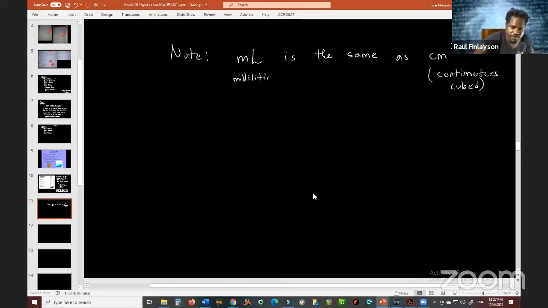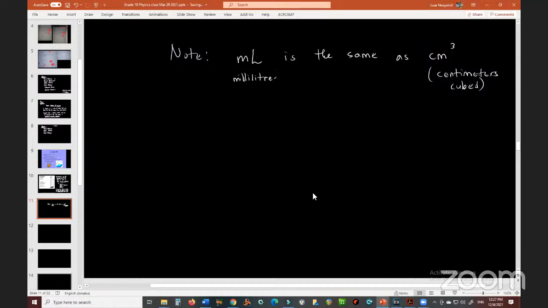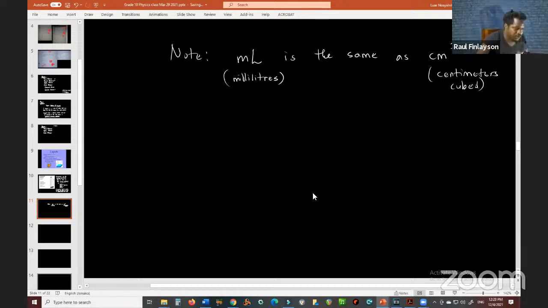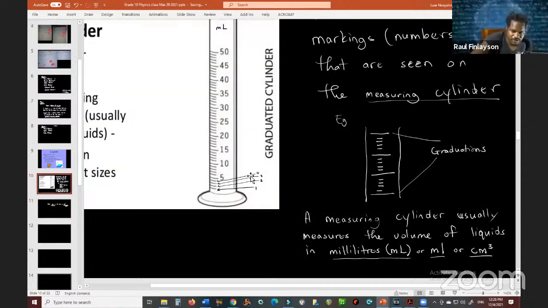Any questions here, guys? No, sir. All right. So please remember that a milliliter is the same thing as a centimeter cube. All right. And gradations are the markings on the sides of the measuring cylinder, used to measure the volume of liquids in the lab.